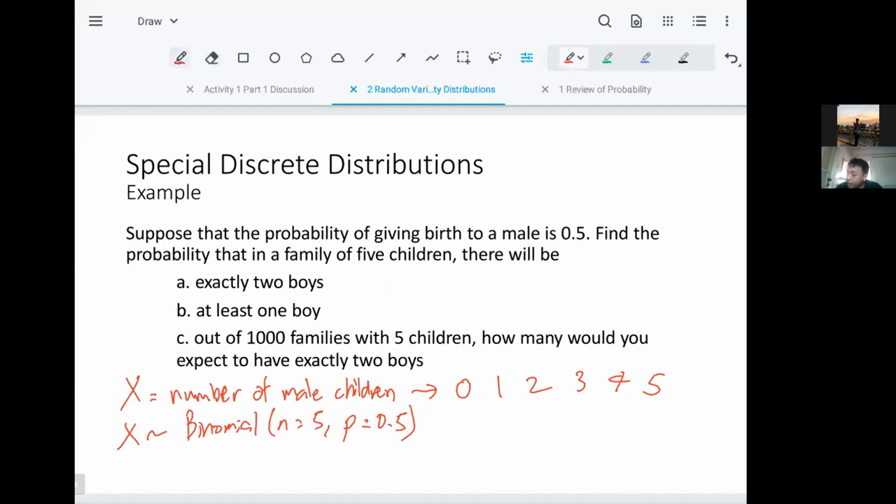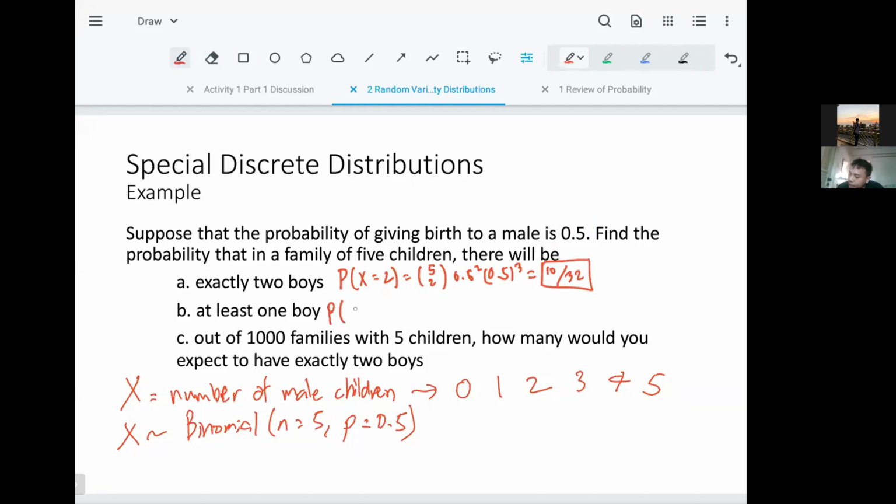So number 1, letter A: what's the probability that X, the number of boys, will be equal to 2? So that will be 5 children choose 2, 0.5 raised to 2 times 0.5 raised to 3, giving us 10/32. 10/32 yung magiging sagot. What's the probability of at least one boy?